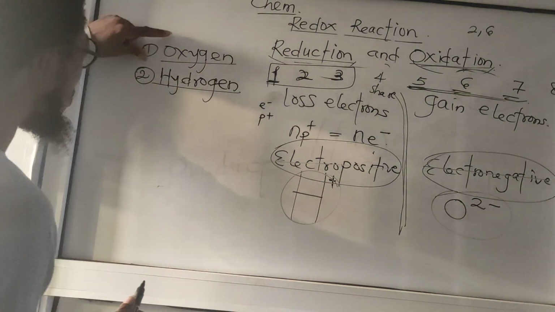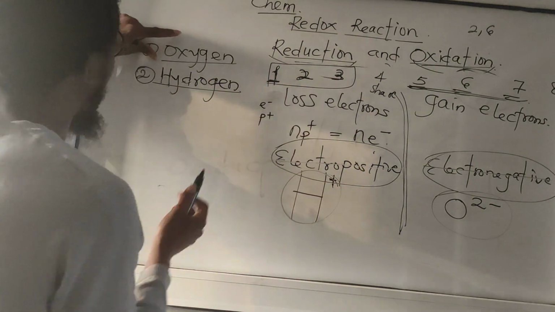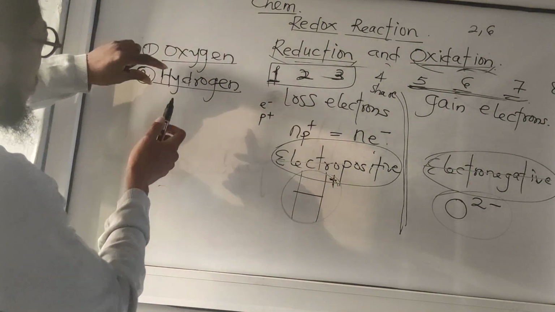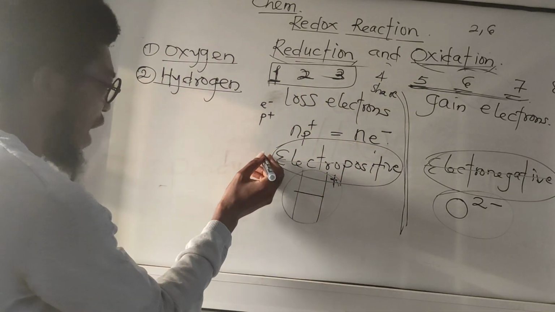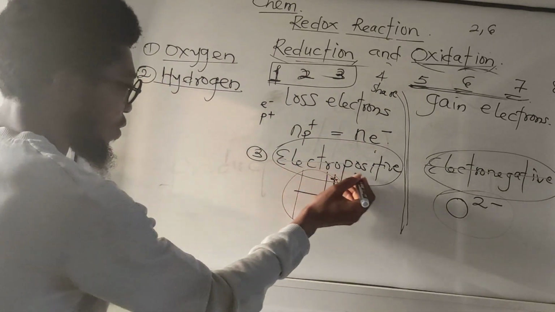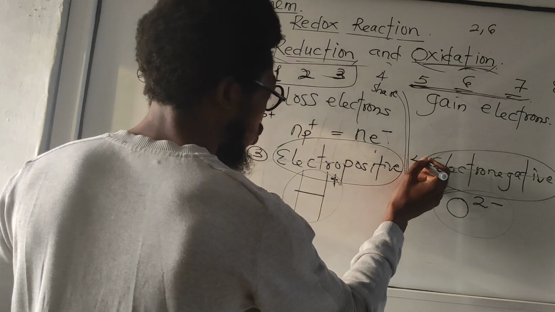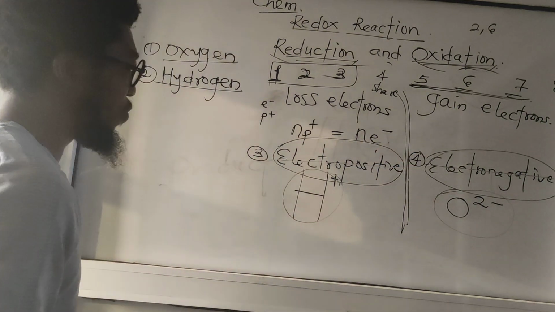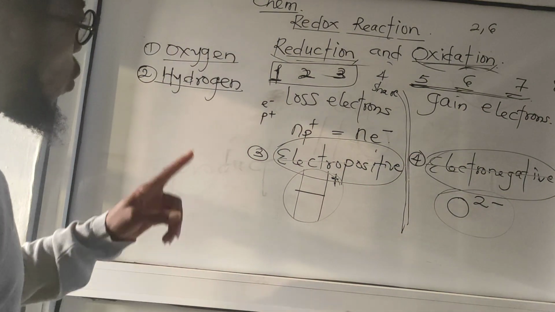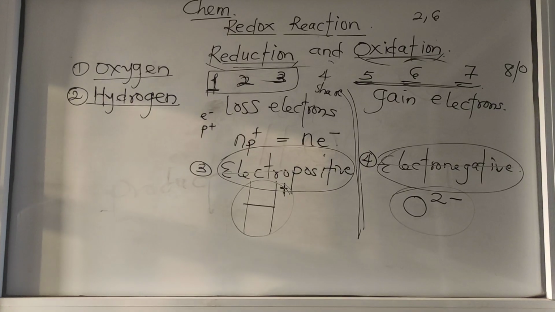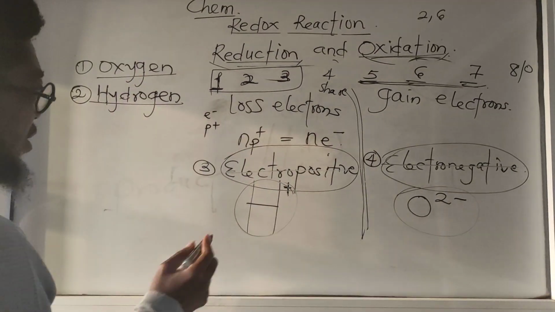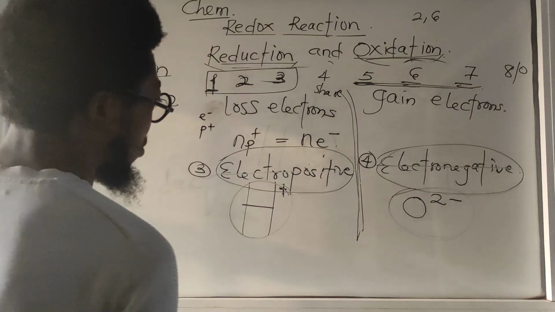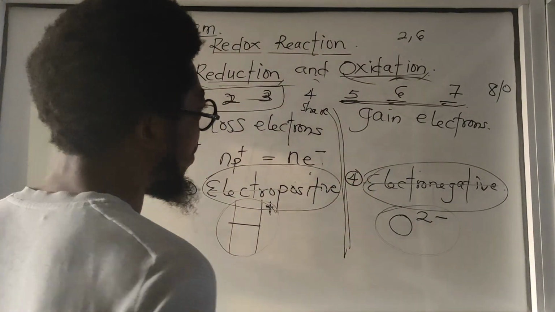Therefore, we have been able to define oxidation and reduction in terms of oxygen. We have been able to define oxidation and reduction in terms of hydrogen. We should be able to define it in terms of electropositive elements, and also in terms of electronegative elements. One term, one definition. So if I have defined it in terms of oxygen and hydrogen, I should also be able to define it in terms of electropositive and electronegative elements.